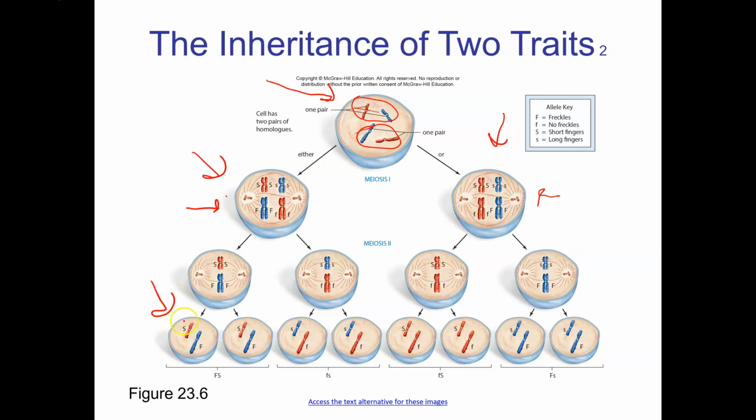So over here, we get little red, big blue, or a little blue, big red. Over here, we get little red, big red, and little blue, big blue. So the results end up making the gametes have different sets of characteristics. They each have one allele, and in this case, we're looking at 2 different types of alleles. We're looking at freckles and short fingers, but they could be any type of alleles on those chromosomes.